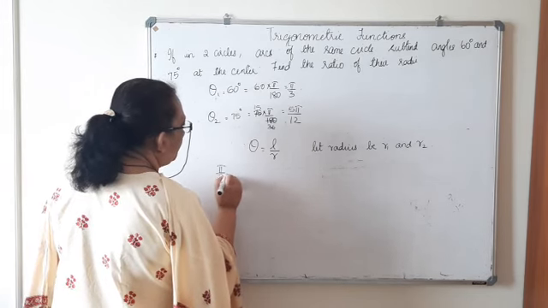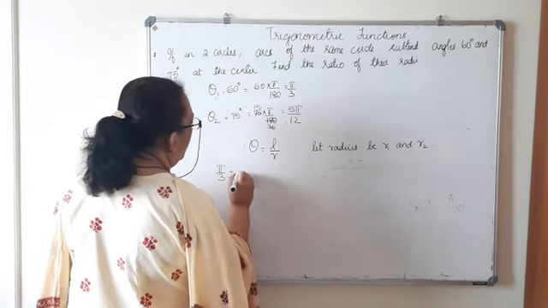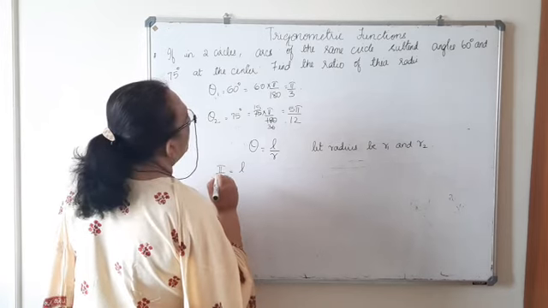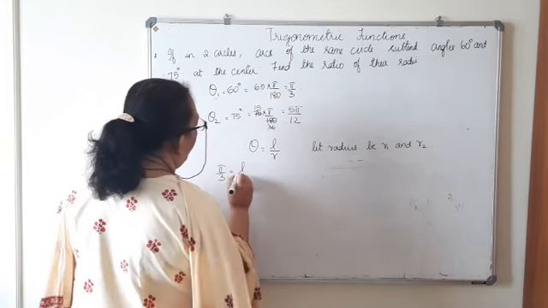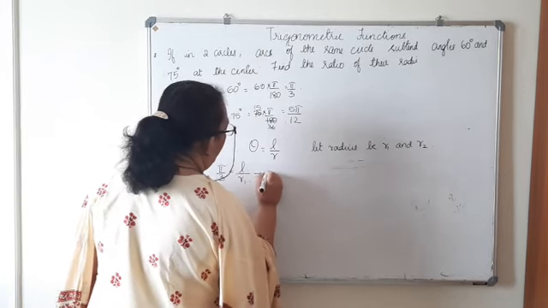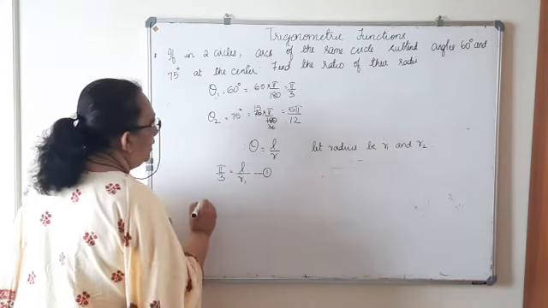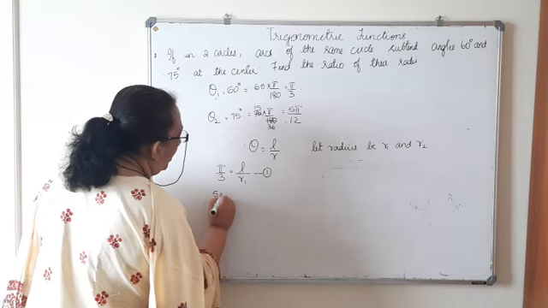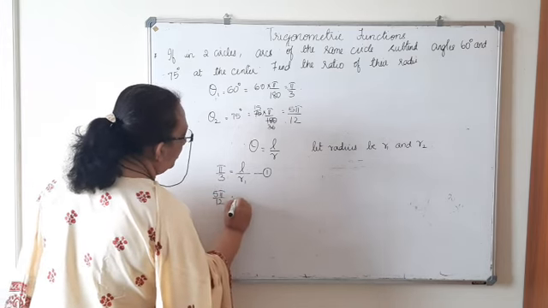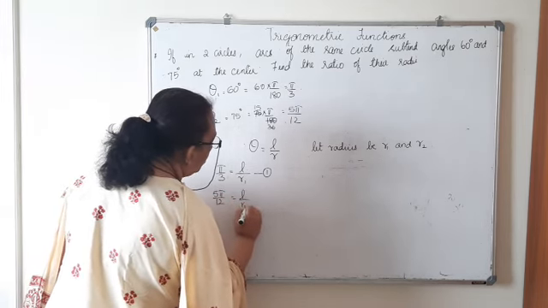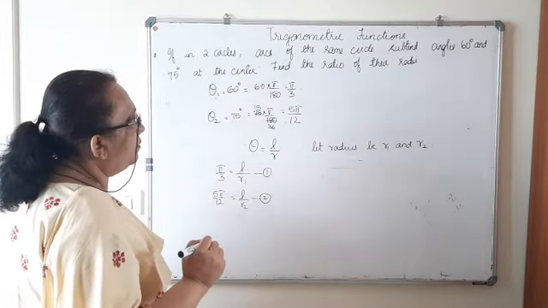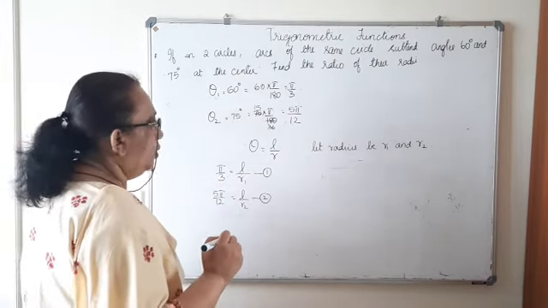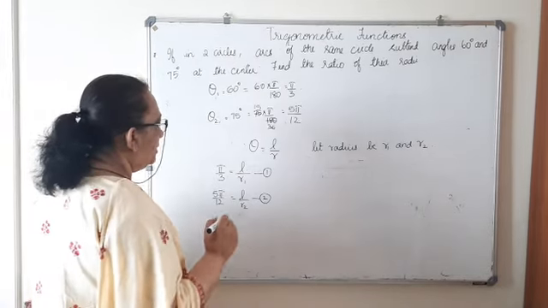In the first case, pi by 3 is equal to L by R1. Mark that as equation number 1. And the second one, 5 pi by 12 is equal to L by R2. The length is the same, arcs of the same length. So the arcs are the same, the angle is different.